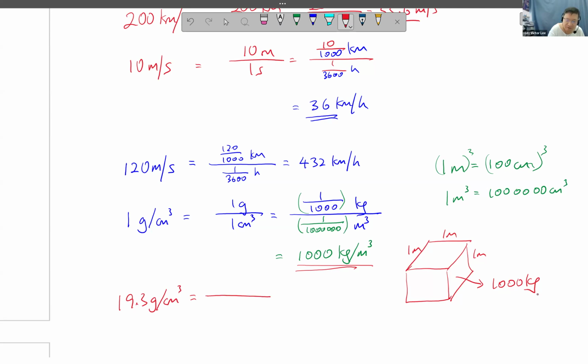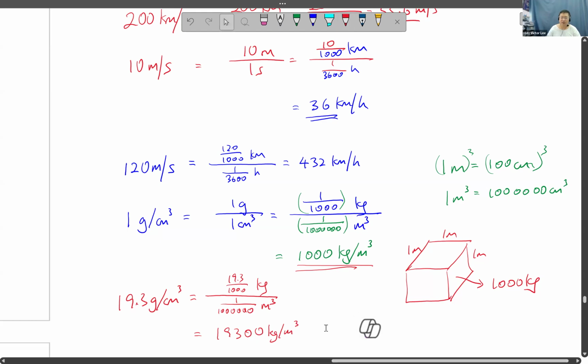And then after that, 1 cm cube is 1 over 1 million of a meter cube, right? Answer? 19,300. Okay. Yes. You got it?